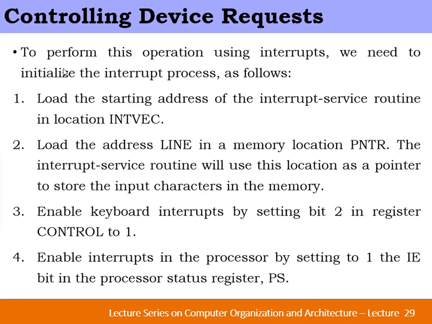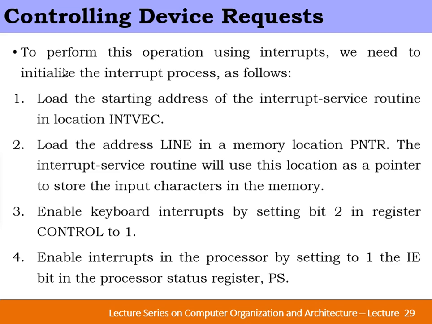The first point says to load the starting address of the ISR in the memory location INTVEC. The second point says to load the address line in a memory location PNTR. The ISR will use this location as a pointer to store the input characters in memory. So PNTR is a pointer that will be used by the ISR program to store the characters read from the keyboard in memory.